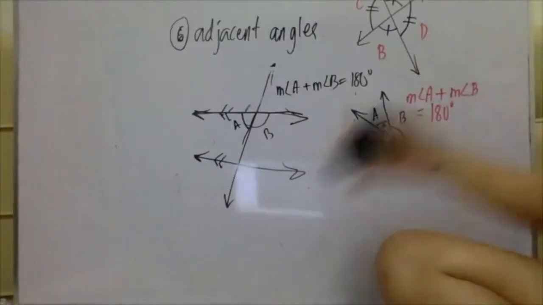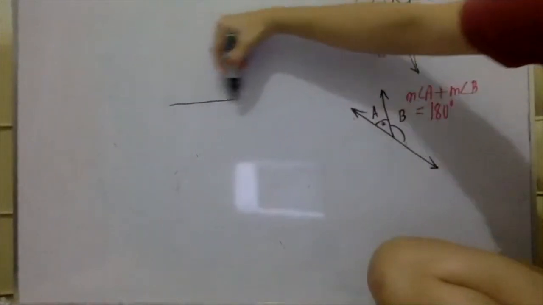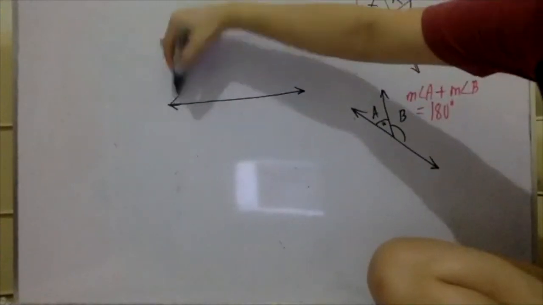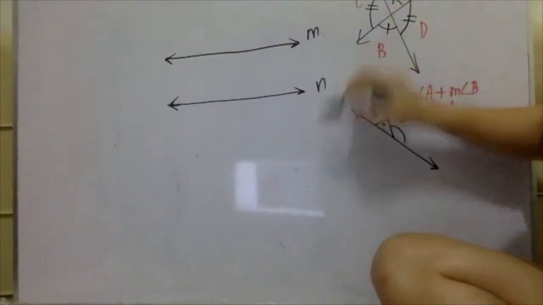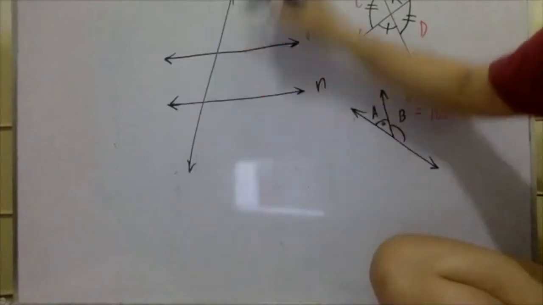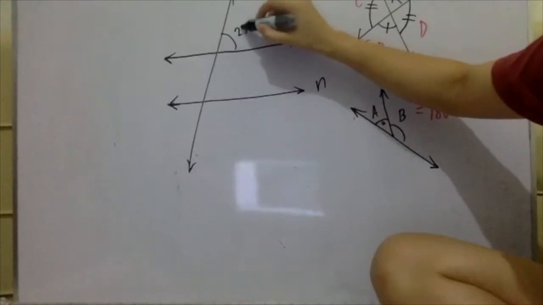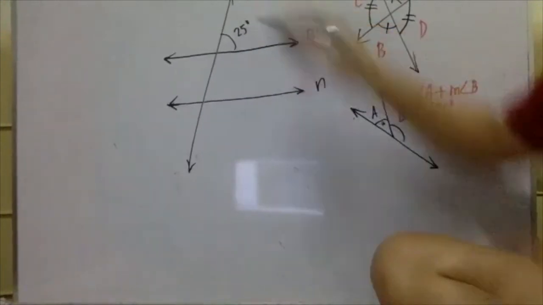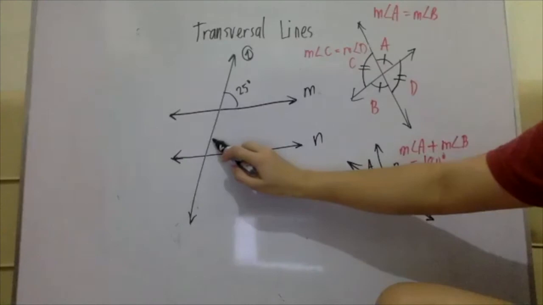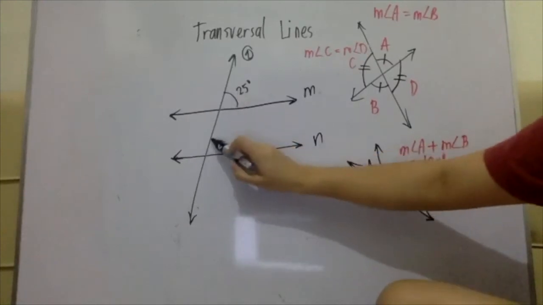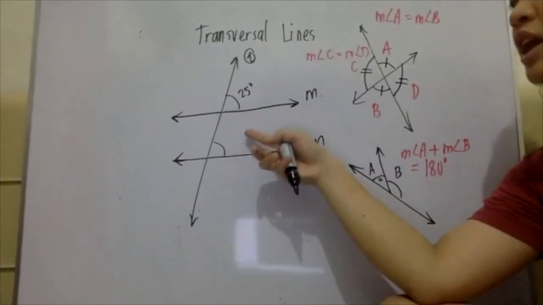So, I know naman na kapag, kunwari, makakita kayo ng ganito, let's say we have two parallel lines, M and N, and transversal line 1. Okay, kunwari ito, given ito na 25 degrees. Alam ko naman na kapag kunwari magtanong ako ng certain angle here, masasolve at masasolve nyo. Okay, so let's say hindi mo alam na ano ba sila?